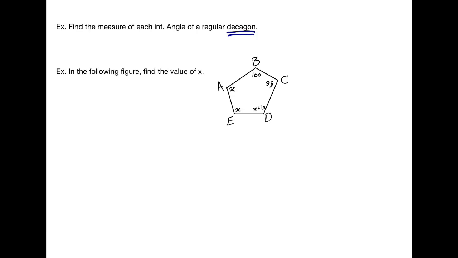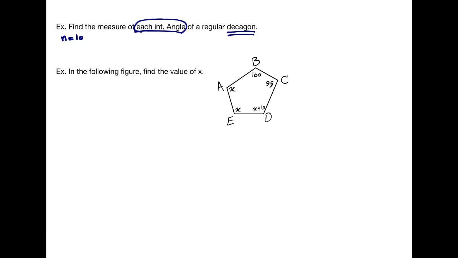So here n equals 10. To find each angle, first we find the sum, the total measure of the interior angles, and since it is regular, all the angles are equal, right?